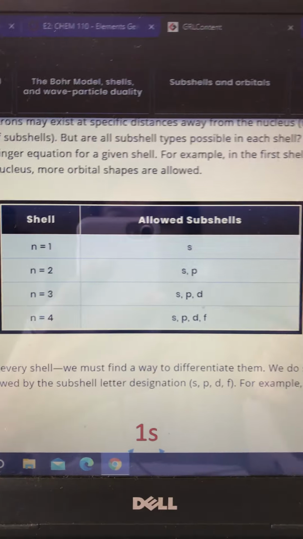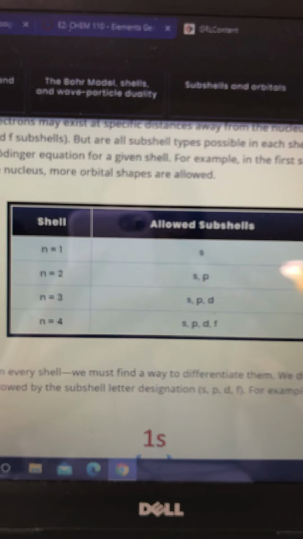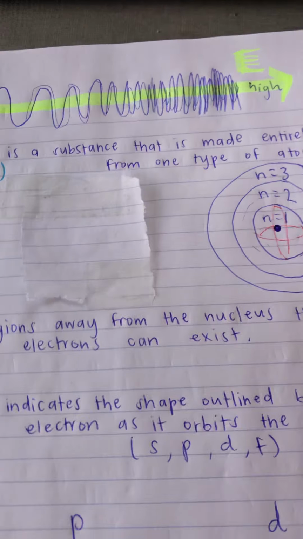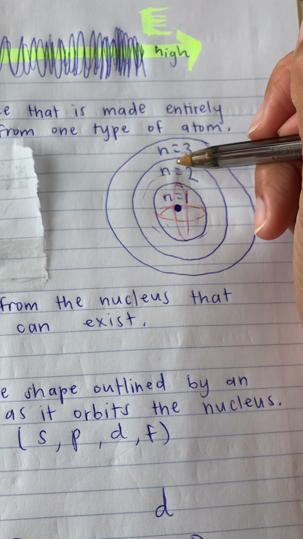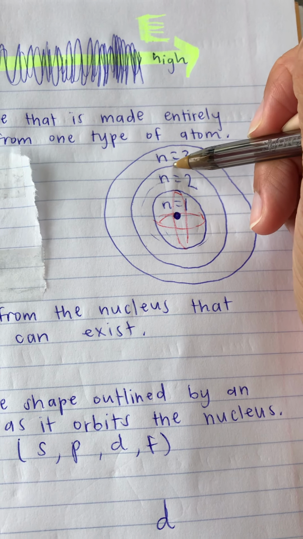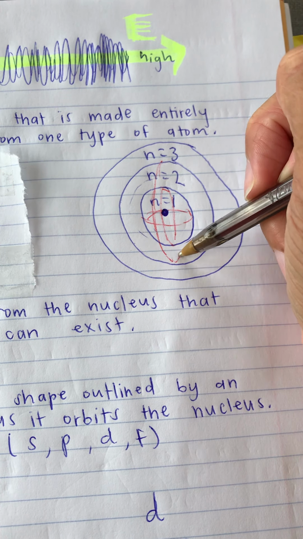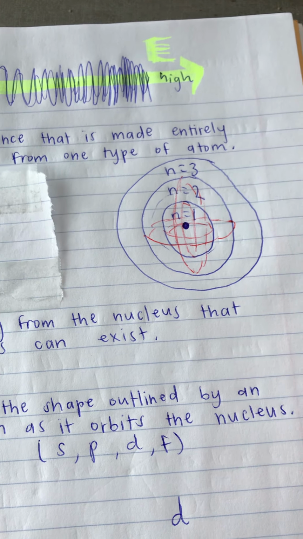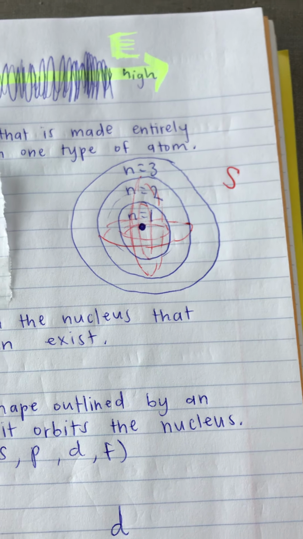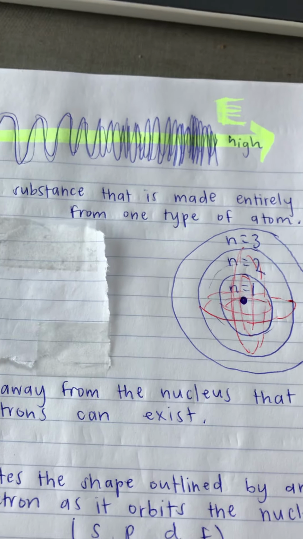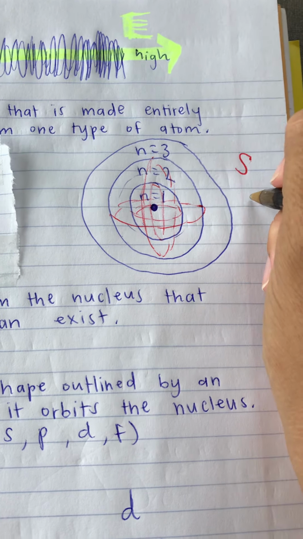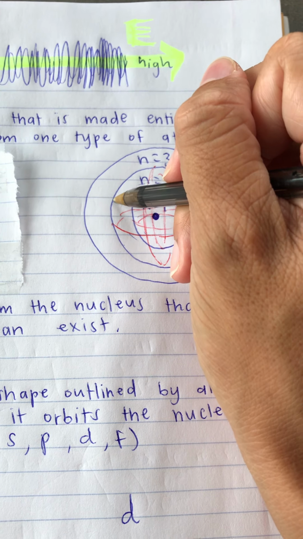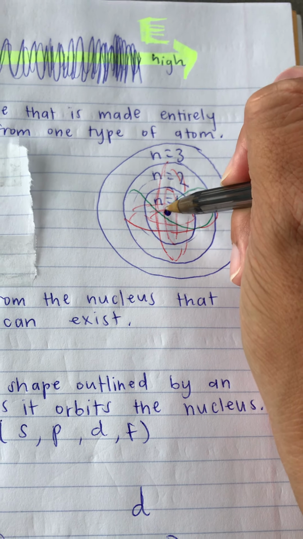For shell 2, n equals 2, the allowed subshells are s and p orbitals. That means in this shell, electrons can travel in the S shape, and P, let's use green. So in n equals 2, electrons can also travel like this.